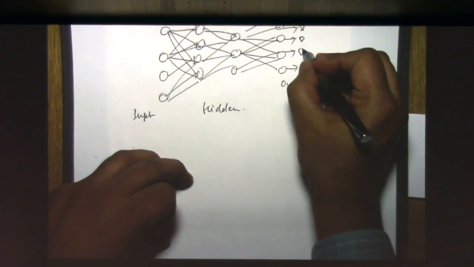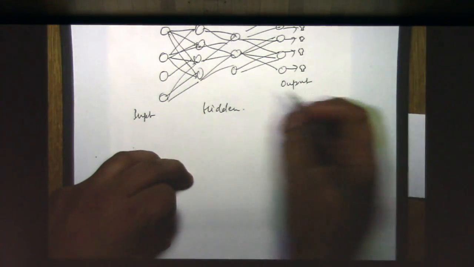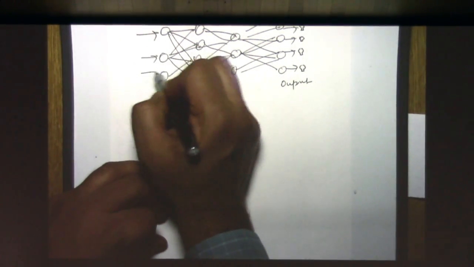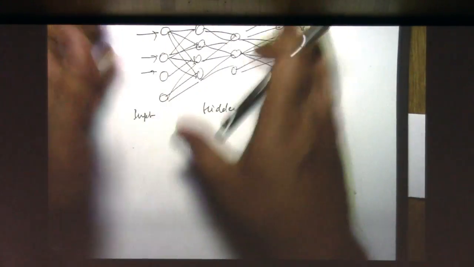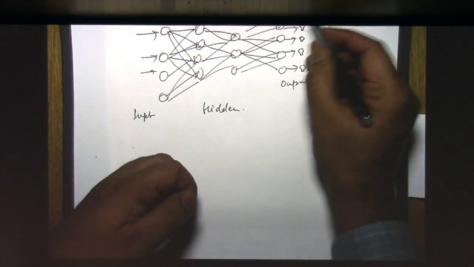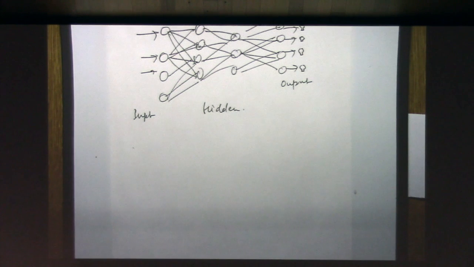Depending on the input, things happen in the middle, and at the end, whichever bulb lights up the brightest is your class. That's the idea, and then we'll learn what goes inside.